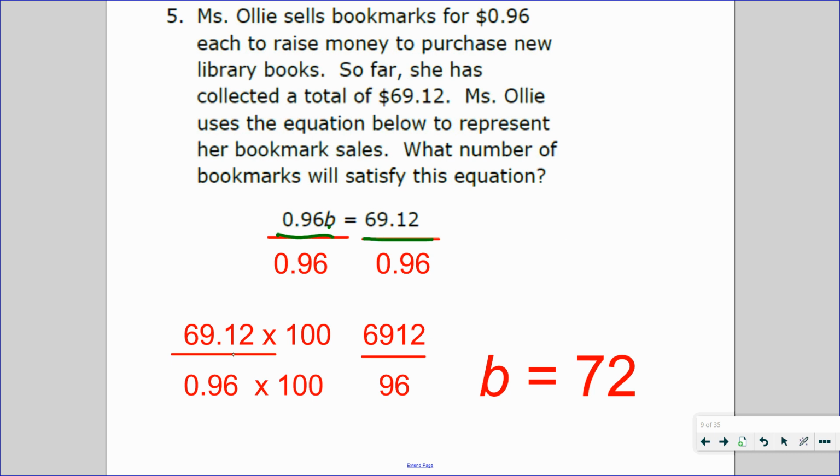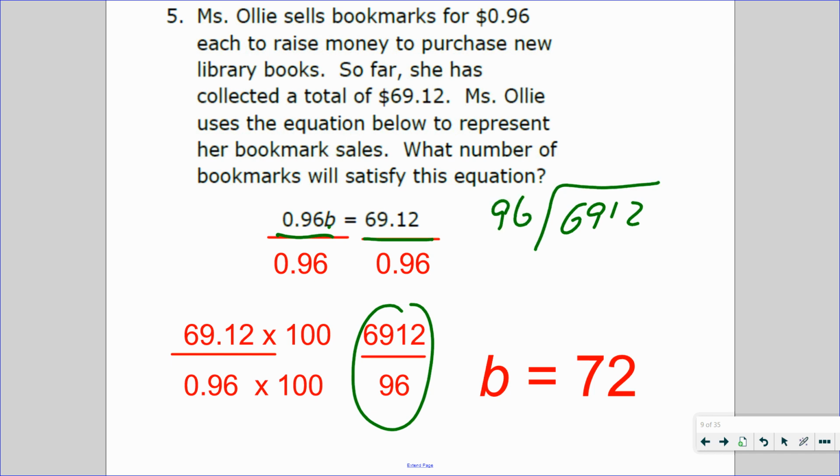What is $69.12 divided by 96 cents? I multiply by 100, so I get 6,912 divided by 96. Can 96 go into 6? 0 times. 69, 0 times. 691, it goes in 7 times. 96 times 7: 42, carry the 4, 63, 64, 65, 66, 67.